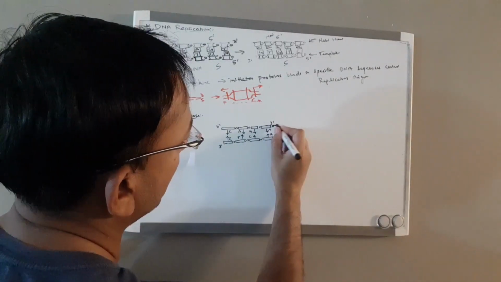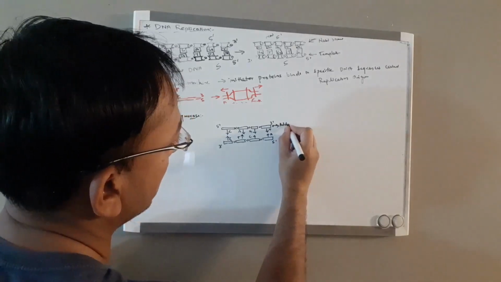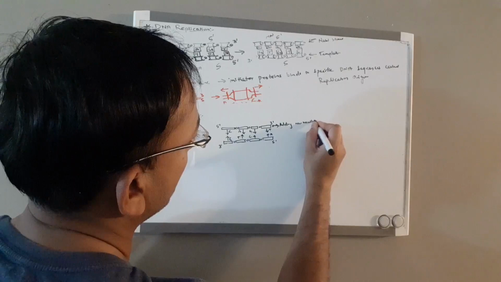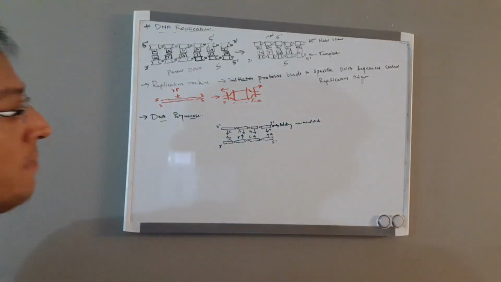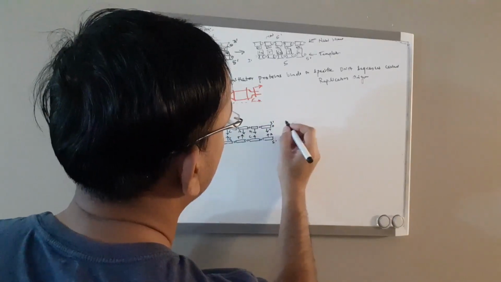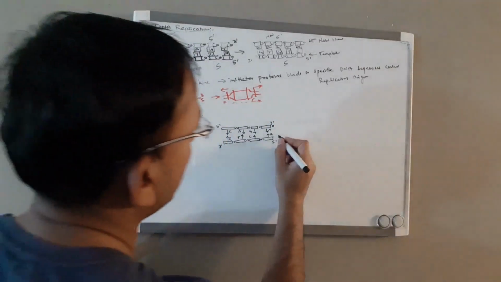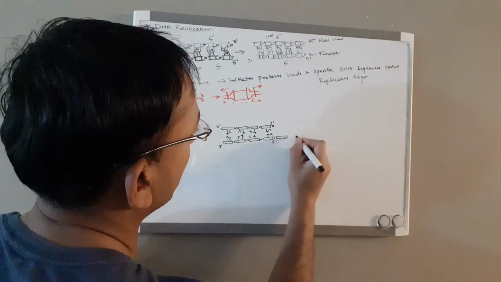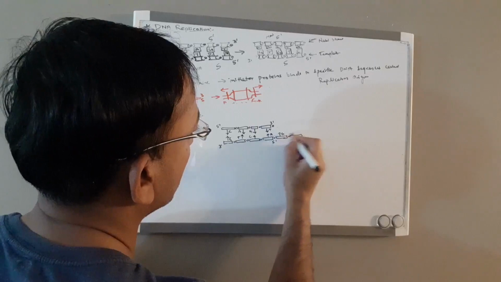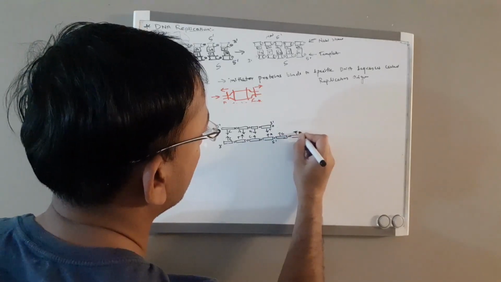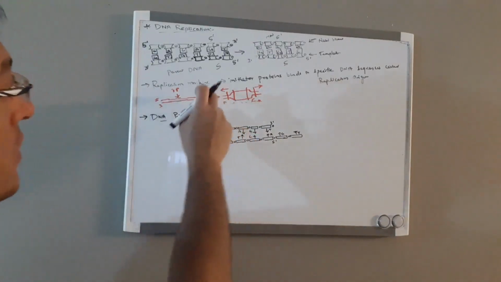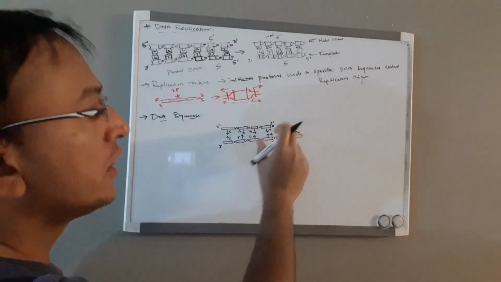I will write here: adding new nucleotide right here at this end. I will make this long, for example. This is G and this is T. The DNA polymerase will add a new nucleotide here.